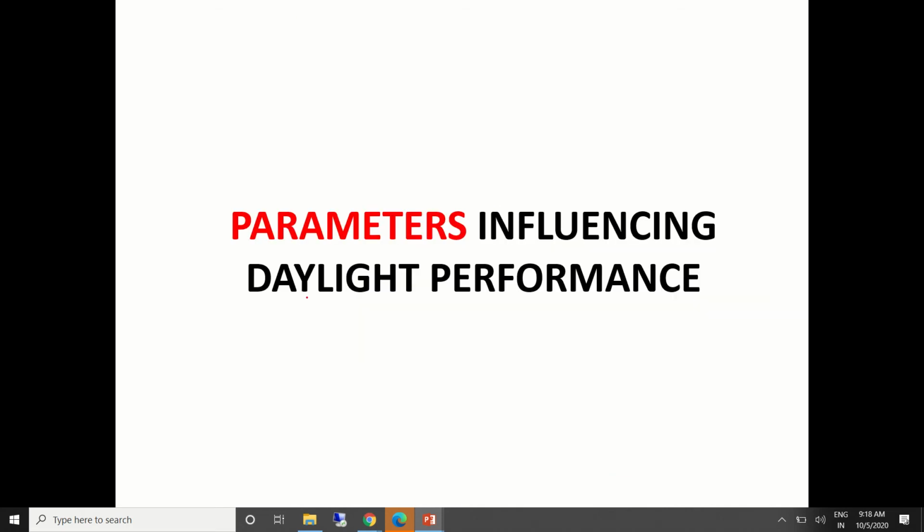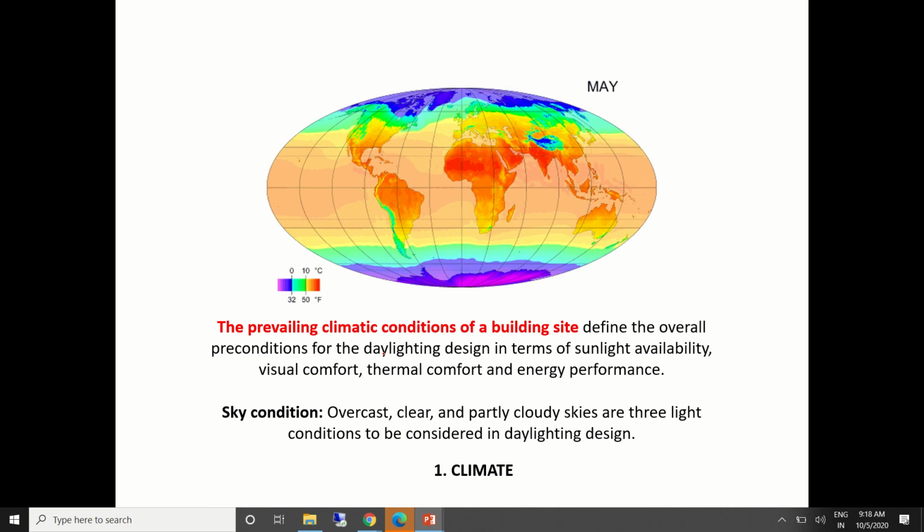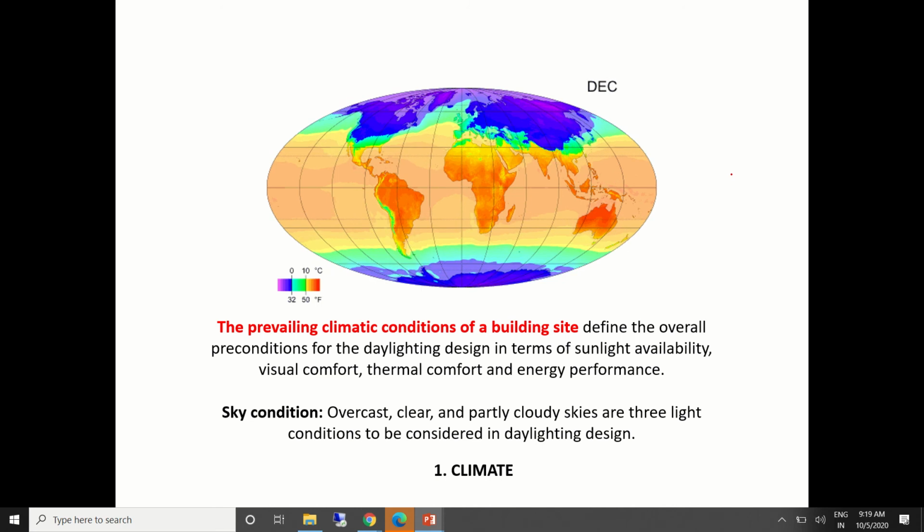The primary thing that we will be discussing today is the parameters that influence daylight performance in buildings. I have listed some of the parameters that influence the daylight aspect. First is climate. Okay, so this brings you to one of the fundamental questions: what is climate?